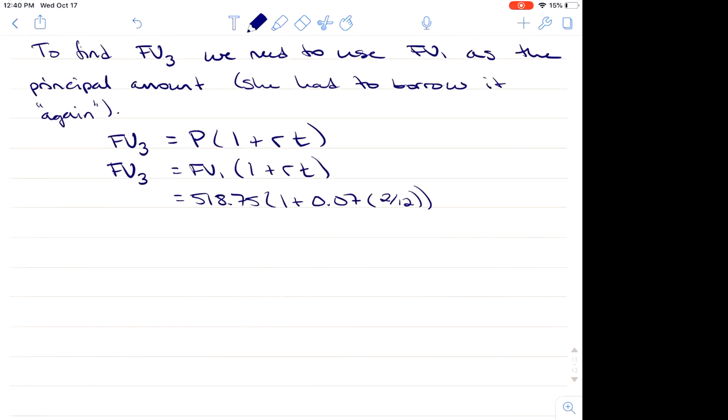So 0.07 times 2 divided by 12 plus 1 is 1.01166 repeating, times 518.75, which is 524.80.